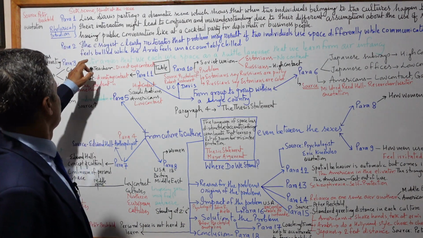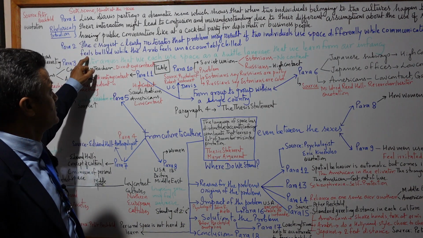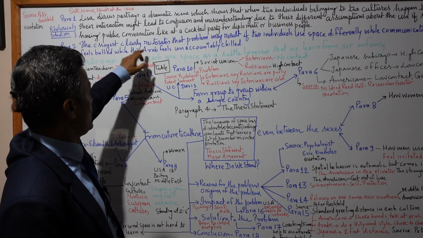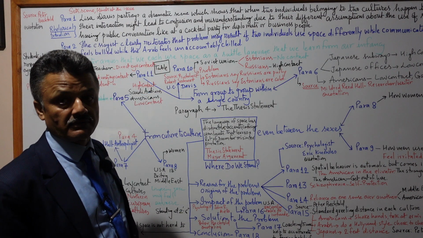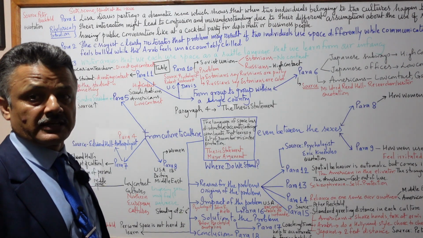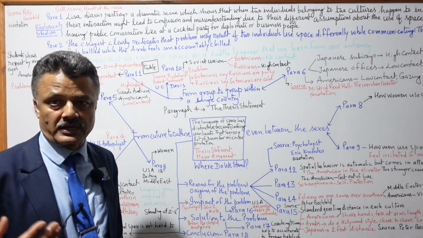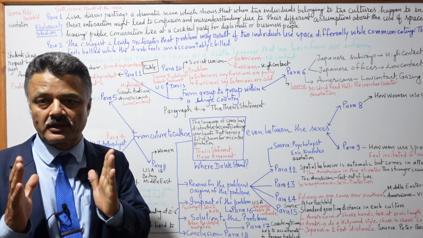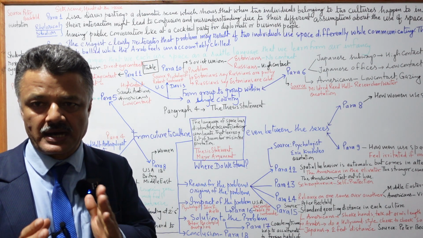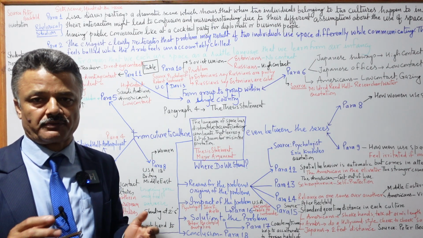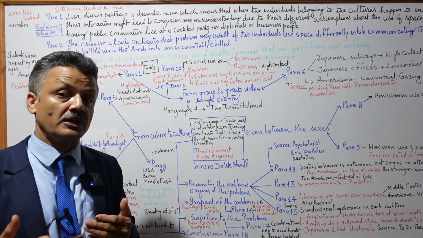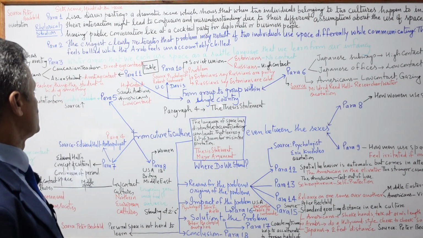The American, for example, feels bullied, Davis tells, while the Arab feels unaccountably chilled. So in paragraph 1, Lisa Davis just hints at the problem, whereas in paragraph 2, she clearly presents the problem. The American feels bullied, the Arab feels chilled.